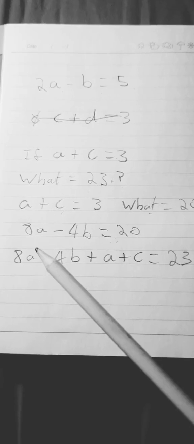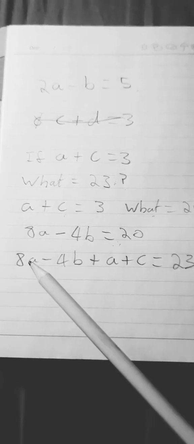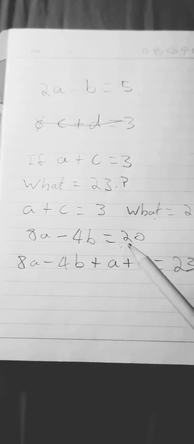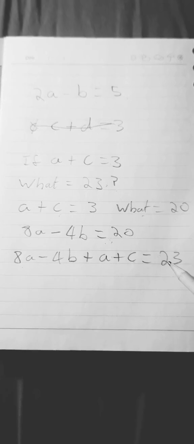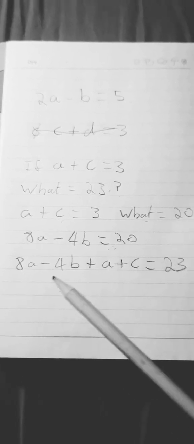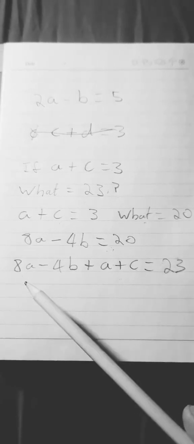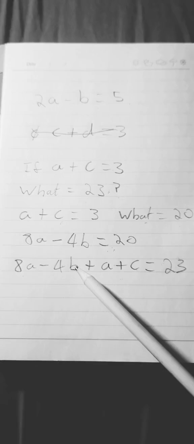Sorry if I didn't have that in shot then. Okay. So 8a minus 4b equaled our 20, and a plus c equaled 3. Let's simplify this.